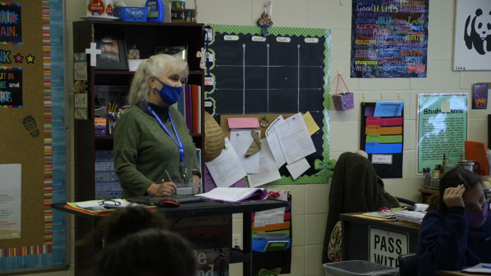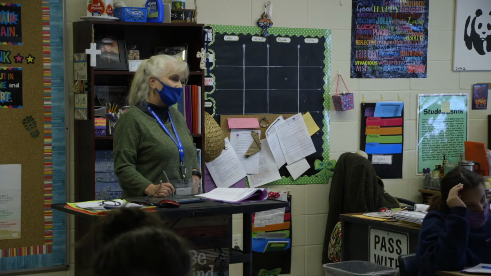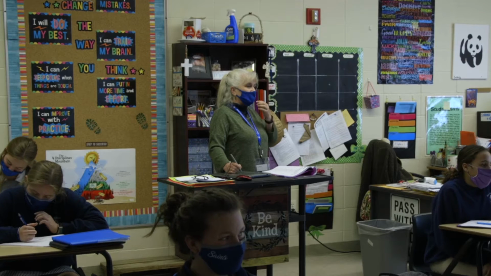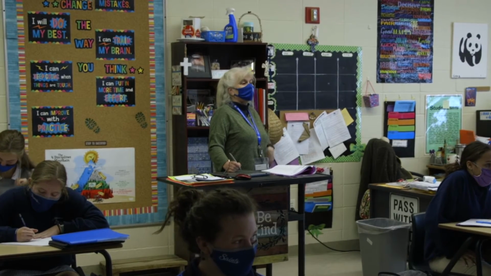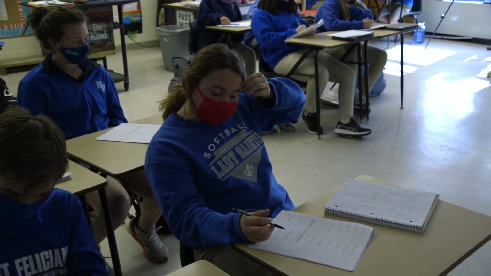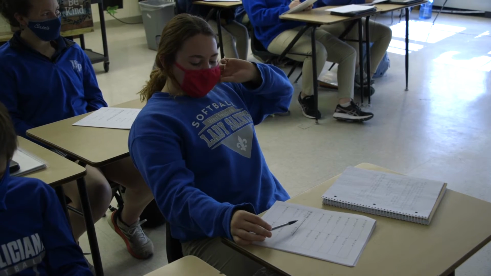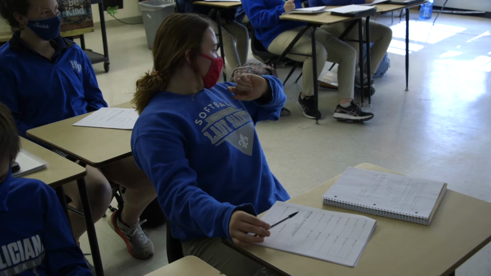So we're going to pull out 4, and that's going to give us 4 times n squared plus 3n plus 2. So how are we going to factor n squared plus 3n plus 2? Amber? We can draw the x, and I got n plus 2 and n plus 1.